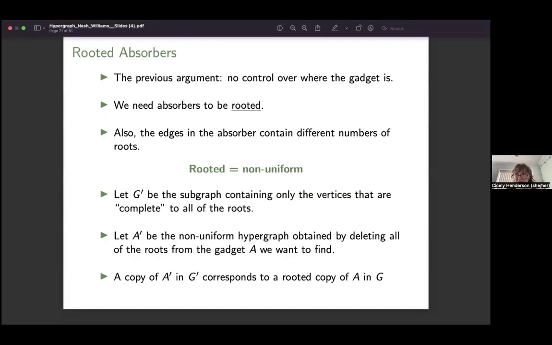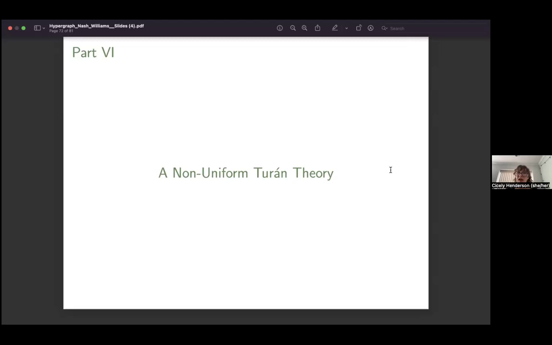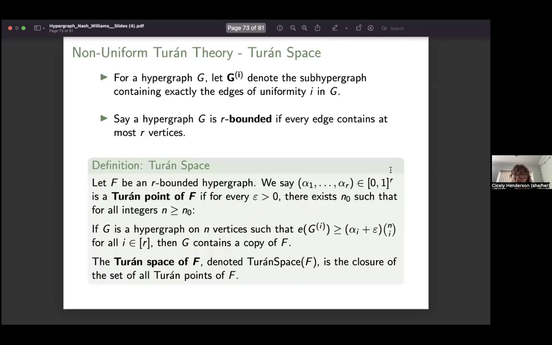And finally, we note that a copy of A prime in G prime corresponds to a rooted copy of A in G. And that motivates us to develop a non-uniform Turán theory. Now, I'm definitely running low on time, so I'll just stick to the first key definition here before I wrap up. But we develop the idea of a Turán space.